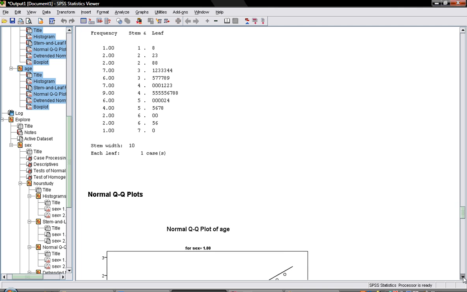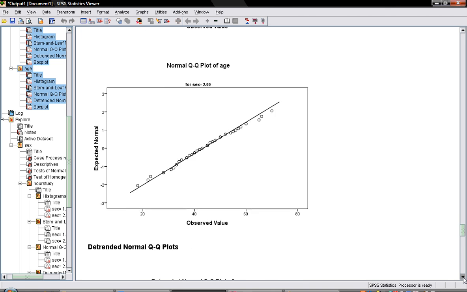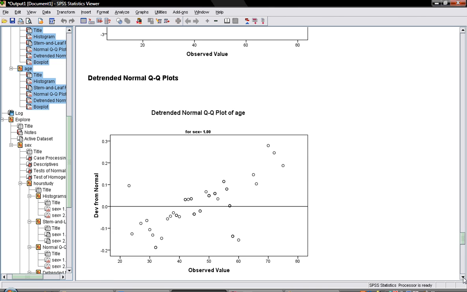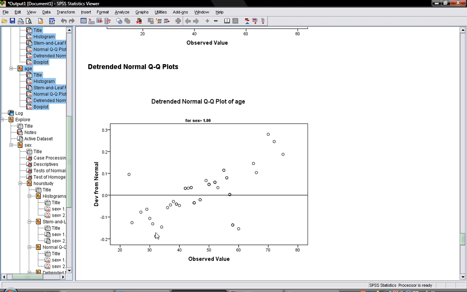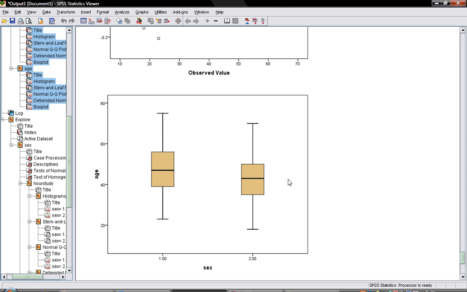For the Q-Q plot, you can see the difference here, that most of the observed data are overlying the line, so they are normally distributed for male and female, while in the detrended normal Q-Q plot, there is no clustering of data in one area, so this is normally distributed. And this is the box plot. Again, you can see the difference. There are no outliers. The median is in the center, and the 25th and 75th percentiles are almost the same.